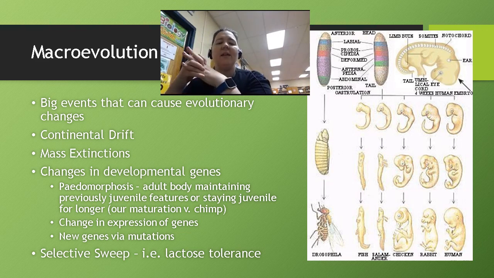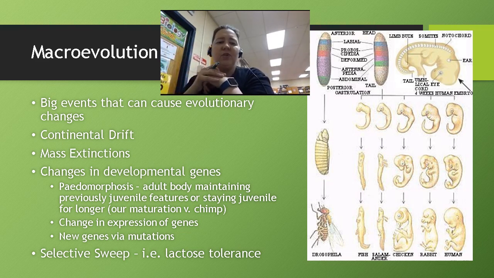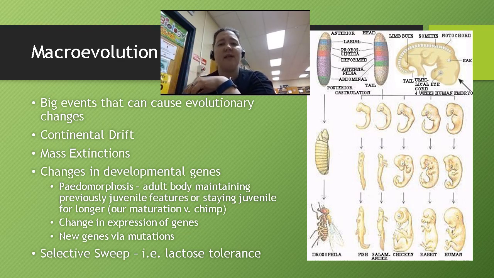Okay, and then there's been cases where we see changes in developmental genes. And you can see in this picture right here, there's a group of genes called Hox genes, or homeobox genes, or homeotic genes. They basically determine our gene organization. And they're pretty conserved across animal species, all the way down from Drosophila, so the fruit flies that you guys have looked at this year, all the way up through us.